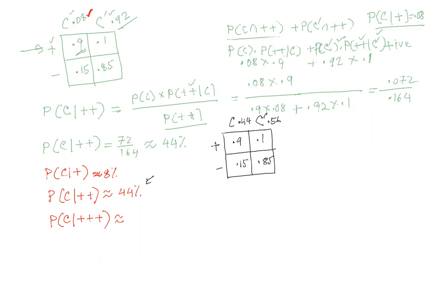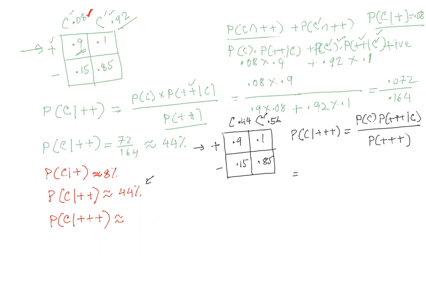So probability of having cancer, given that the person tests positive 3 times, is going to be, so this is testing positive the 3rd time, okay? It's going to be probability of having cancer times the probability of testing positive 3 times given cancer, over the probability of testing positive 3 times.